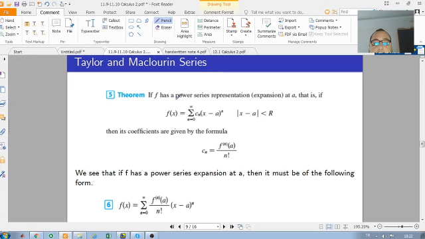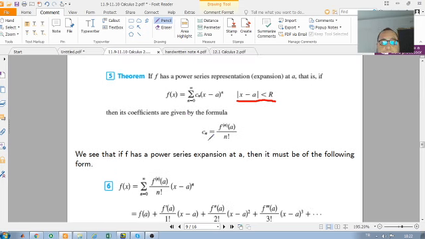If f has a power series representation at some number a, that is, the function f is equal to the infinite sum written here, where Cn are the coefficients, x minus a to the power n, and this is the interval of convergence, then its coefficients are given by the formula: Cn is equal to the nth derivative of f at a over n factorial.